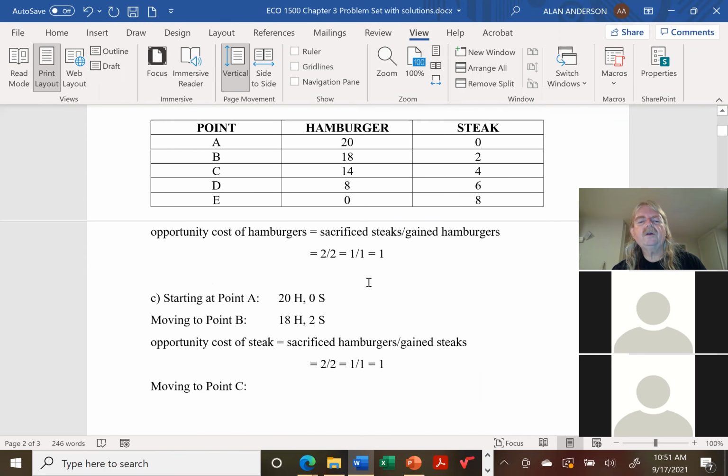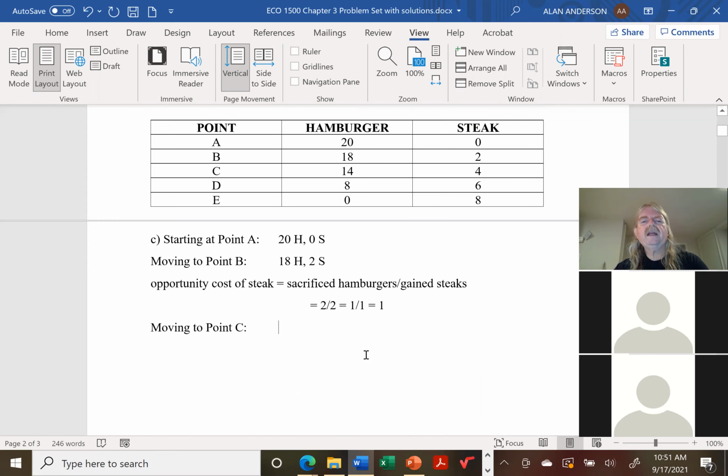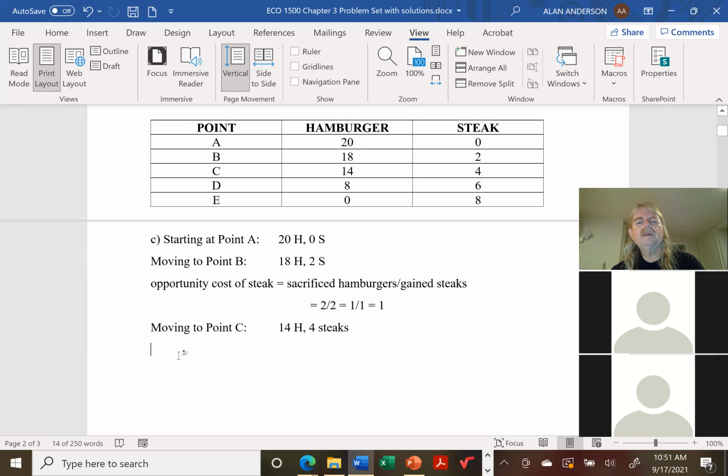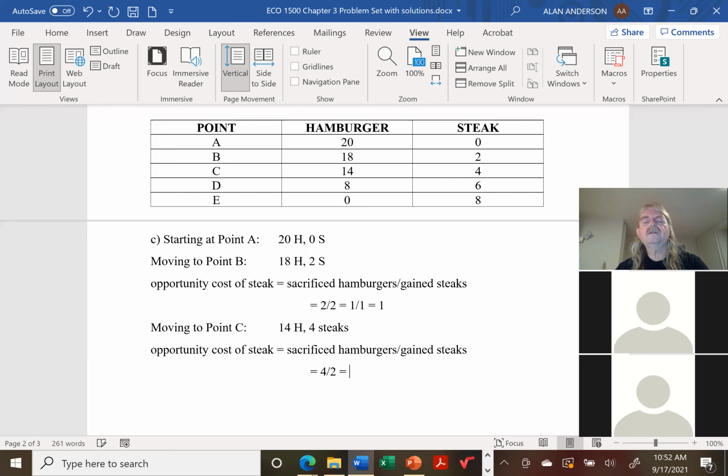So point C, if you recall, is where we have 14 hamburgers and 4 steaks. So now what we've just done as we go from B to C is we have lost 4 hamburgers this time in exchange for gaining 2 more steaks. So all of a sudden, the opportunity cost is 2 instead of just 1.